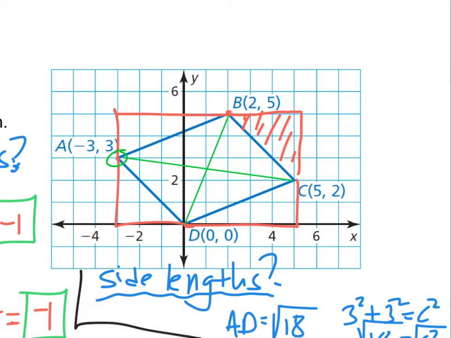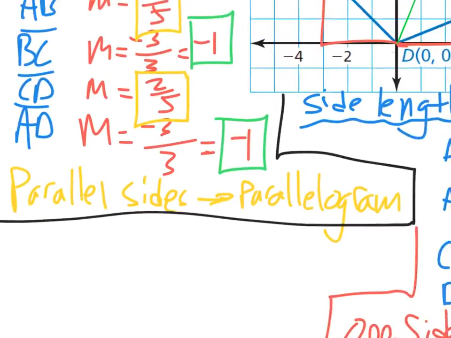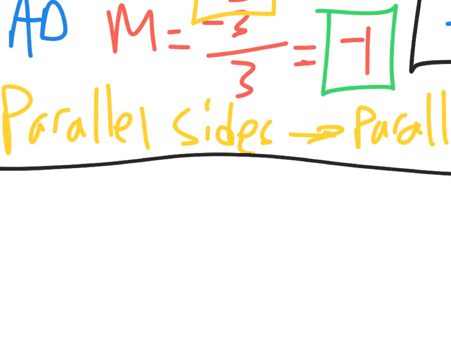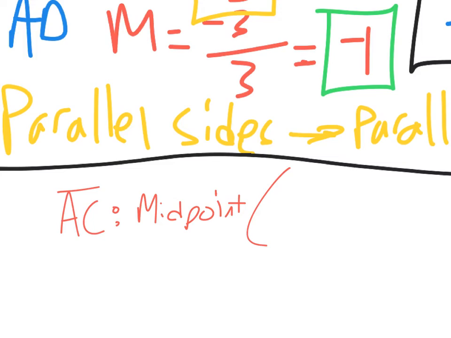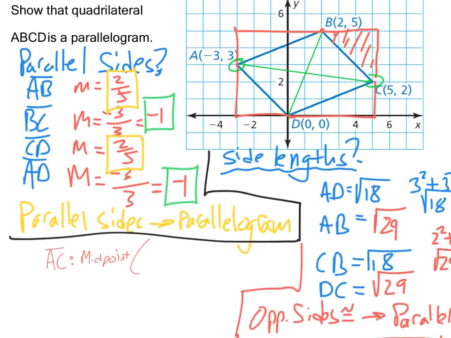So I wonder where the midpoint is for AC. So we've got to find the midpoint for AC first, and then we'll find the midpoint the other way. Okay, so if we look at AC, for the midpoint, remember, we average the x's and average the y's. So we're going to look at those coordinates.